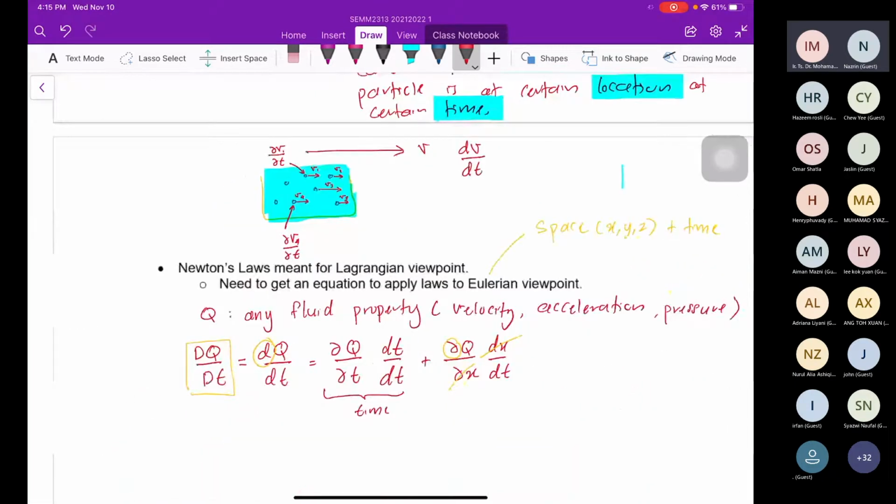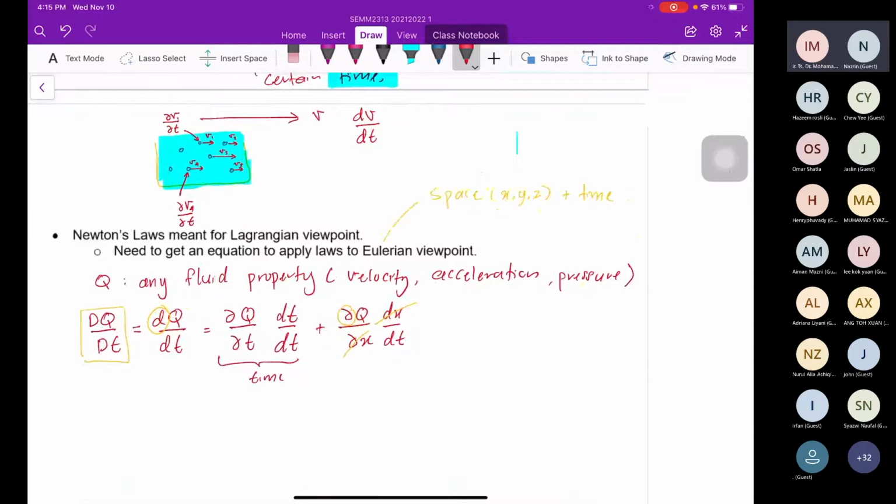All right, so this is in terms of x. We must continue in terms of the y and z directions. So this is plus the partial derivative of Q over the partial derivative of y, times dy over dt, plus the partial derivative of Q over the partial derivative of z, times dz over dt.